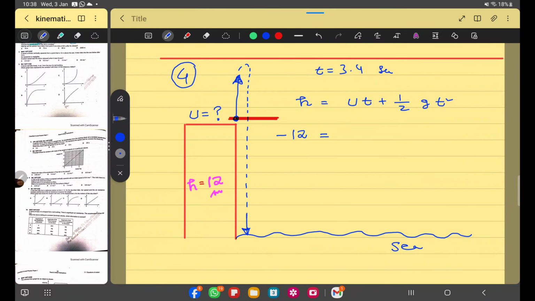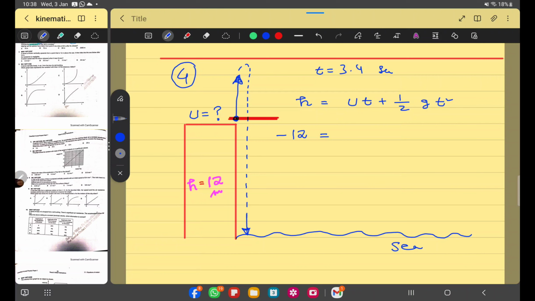If the throwing height is 12 meter and this height is below the point of throw, then this height is considered negative.